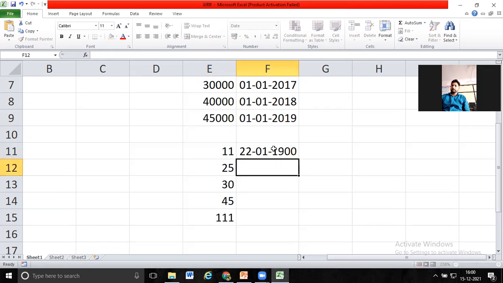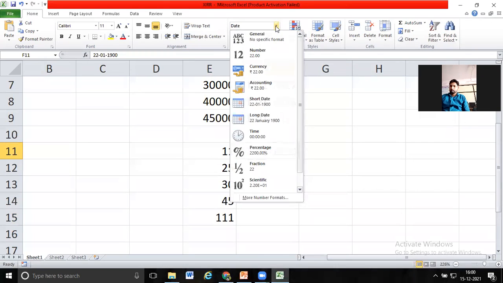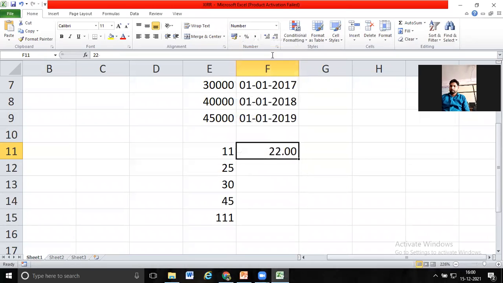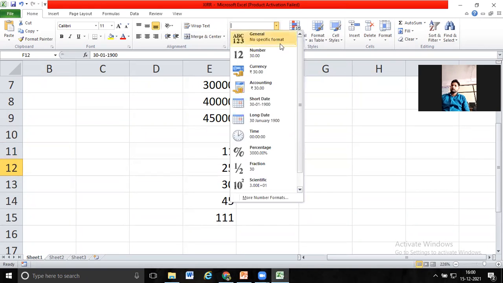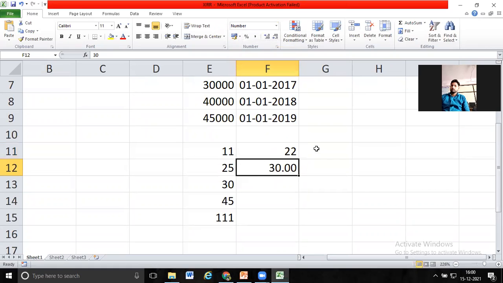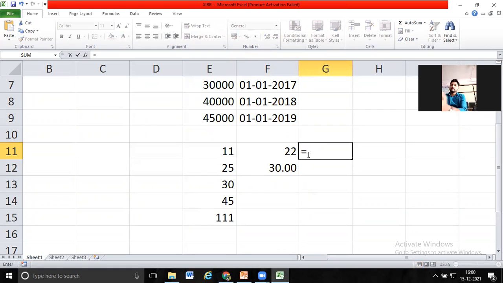Let us say here 22, 30. I want to perform a calculation for this. I want 11 multiplied by 22.